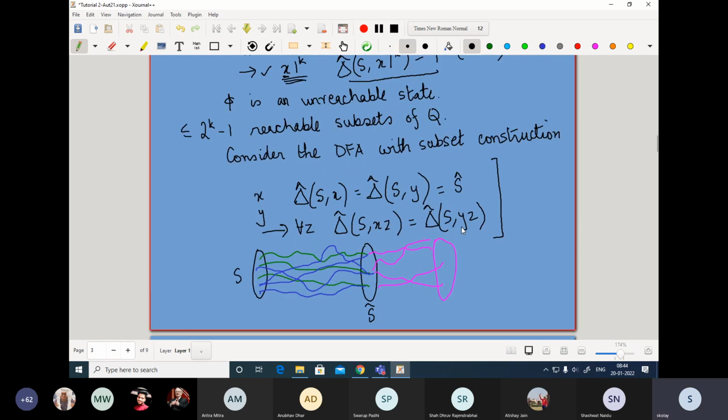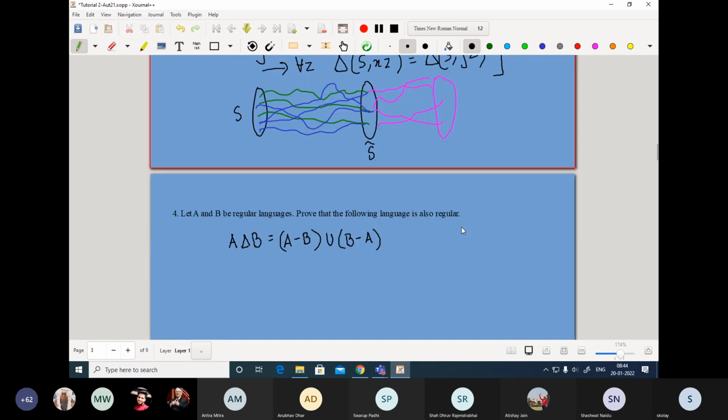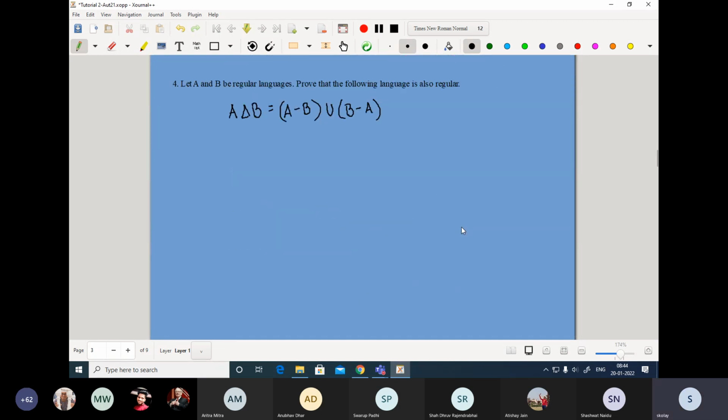Okay, can we move to the next question? Or someone has a doubt? Okay, so another kind of easy question. A and B are regular languages.